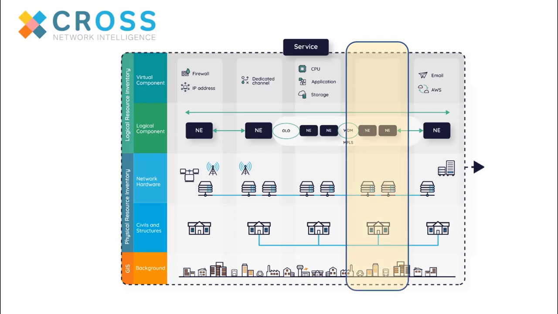Now this is a vertical integration, so we know for every service, be it IPVPN, Ethernet or a PON, which underlying physical resources are used to carry that data. And this connects the logical service all the way down through the fiber to the patch cord and patch panel. The alternative to full integration is federation, and this is where data from different datasets are overlaid on a map but not fully connected.